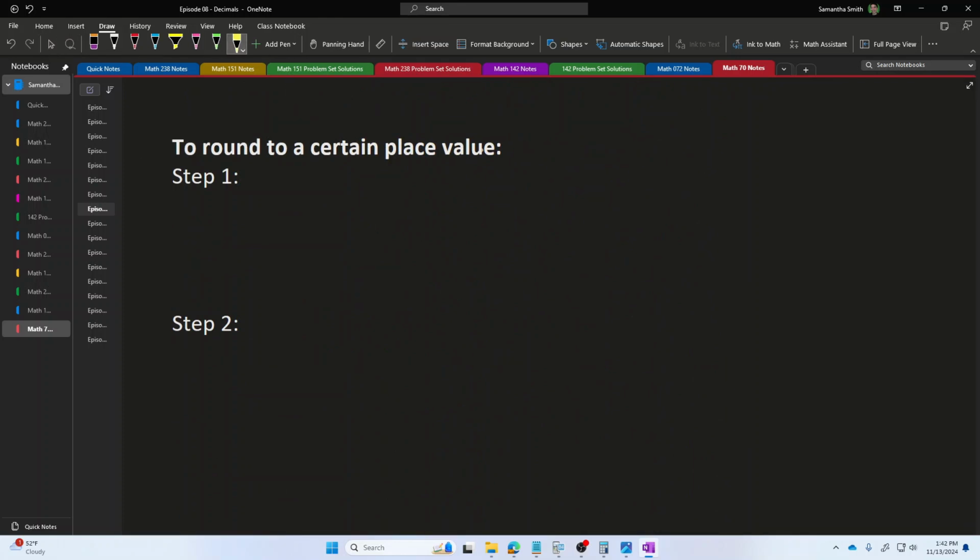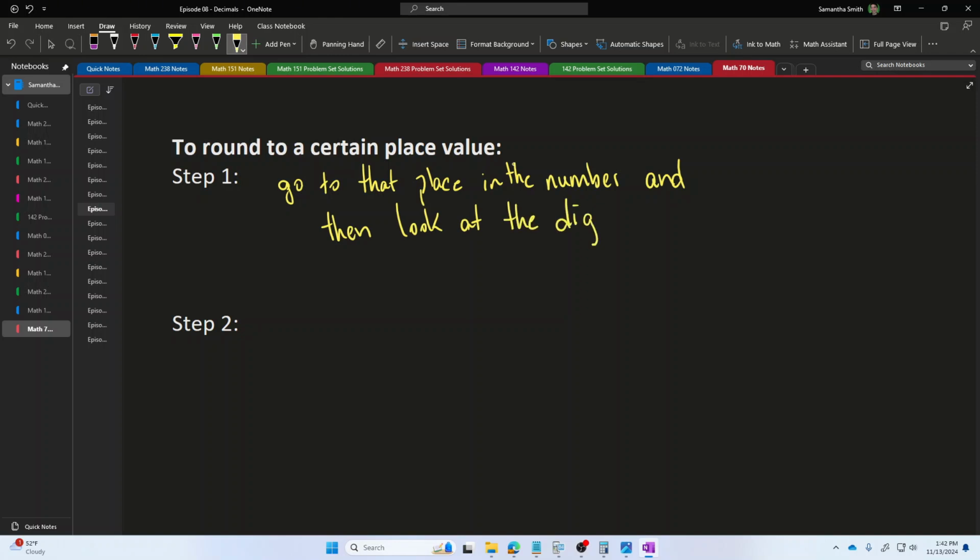If someone asks you to round to a certain place value, go to that place value in the number and then look at the digit directly to the right of that place.